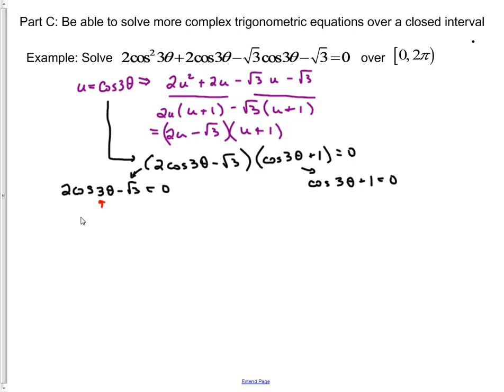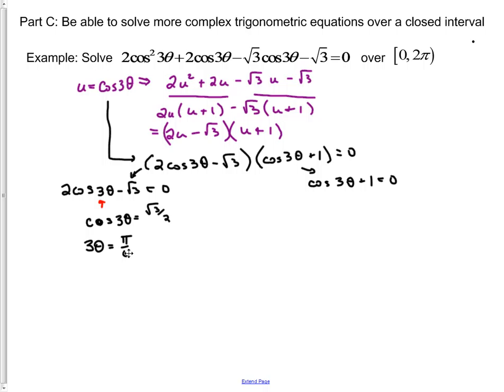So what that means to me is this. I'm going to take cosine of 3 theta and isolate it on the left. I've got cosine of 3 times theta is equal to square root of 3 over 2. And I know that this means that the kind of angles for which this would be true would be the angles in which 3 theta would be equal to, let's see, cosine radical 3 over 2 is associated with pi over 6.